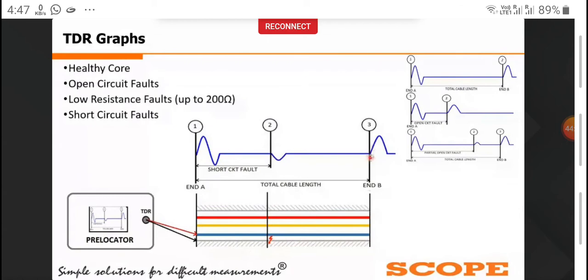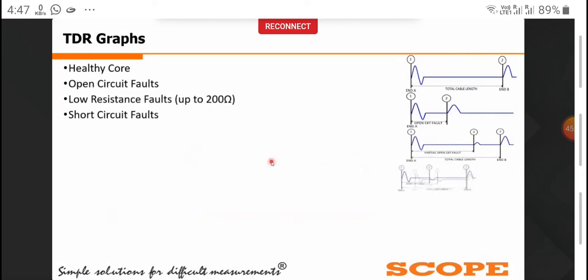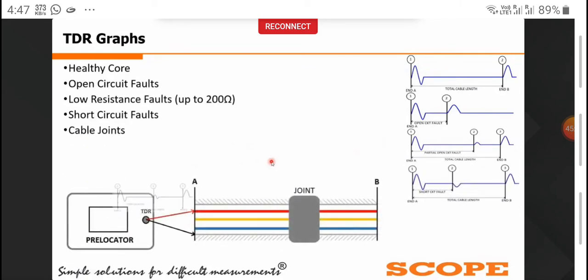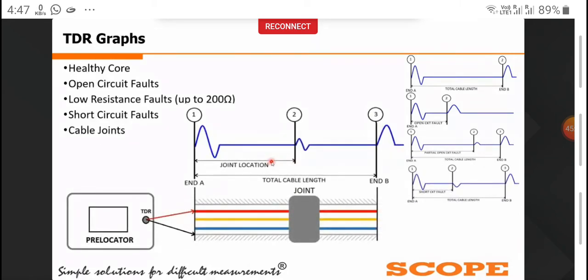So by placing the cursor at the starting point, and the second point at the starting point of the downward reflection, we can calculate the short circuit fault distance. Okay. So by using TDR we can also determine the joint locations in the cable, or we can also detect the transformer location in the cable.